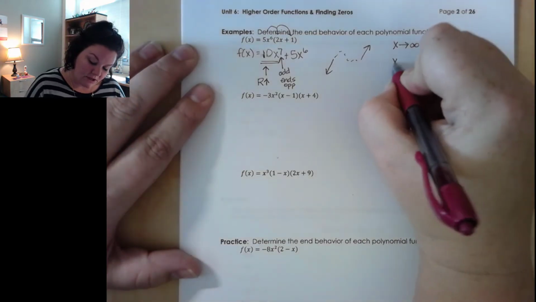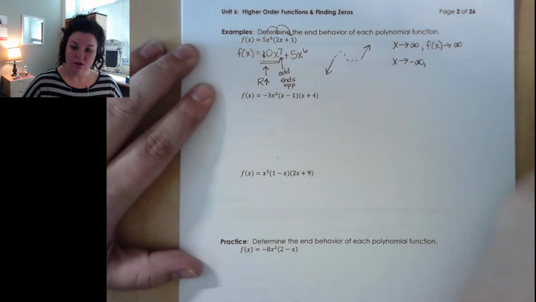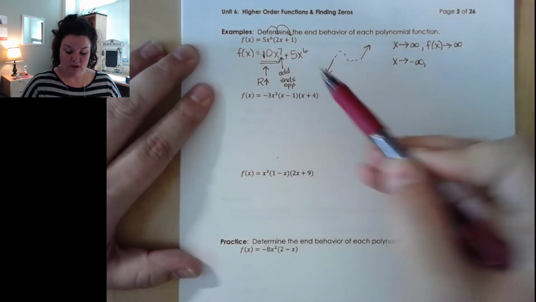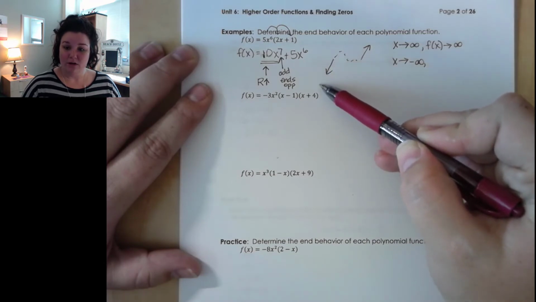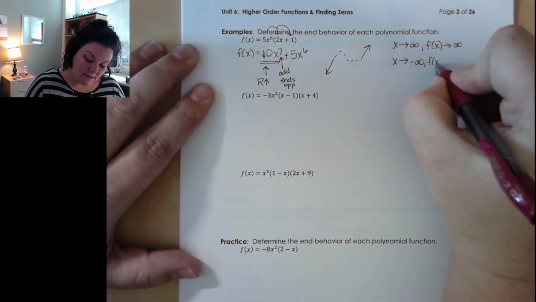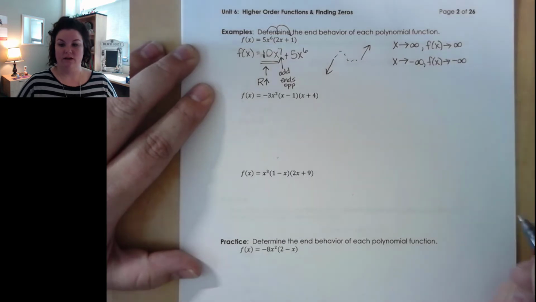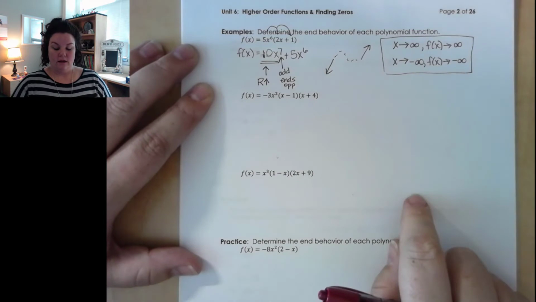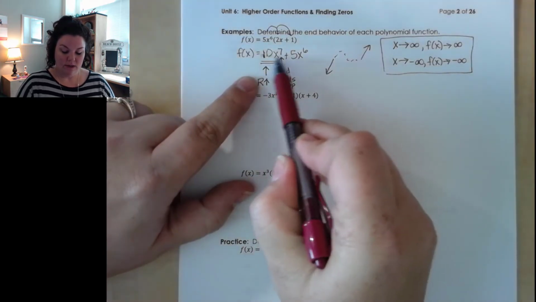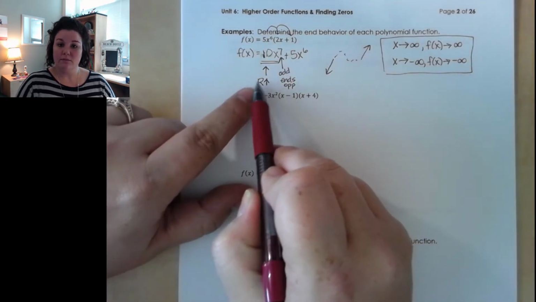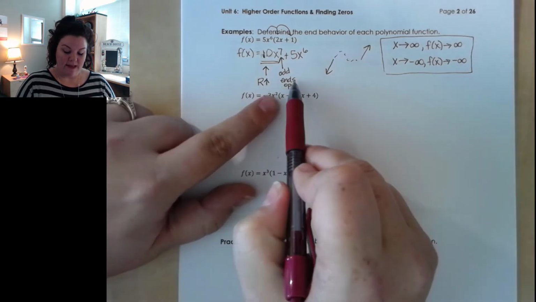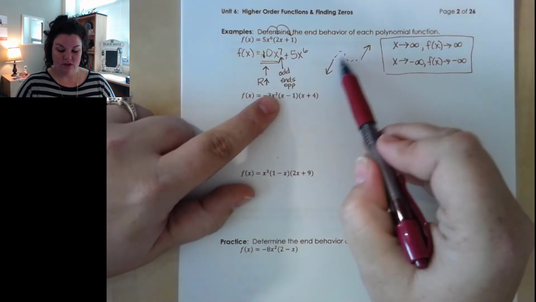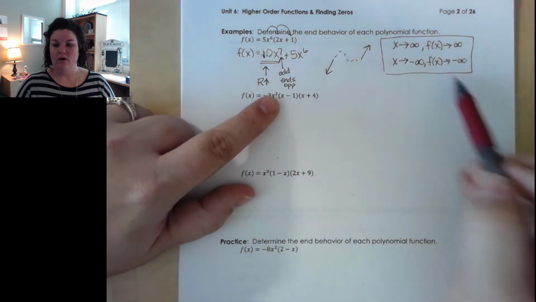Then we want to look in the other direction as my x's get smaller, or as our x's go out to negative infinity to the left, notice my function is going down. So that means that my f of x's are going to negative infinity, okay? So this is what I'm looking for, okay? So we're using that leading term to figure out what the right side is doing based off of the coefficient and what the ends are doing based off of that highest power of x. Then we can sketch a little picture and write out our behavior.